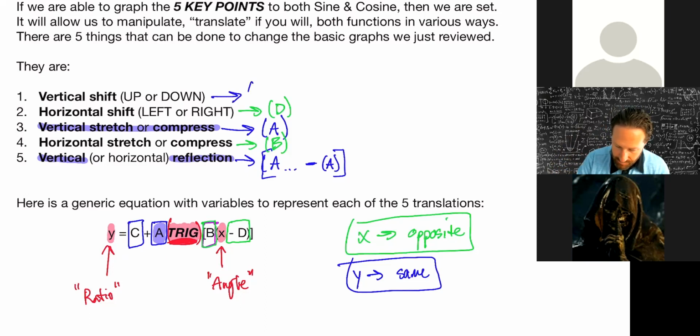So that will be the letter C for the vertical shift. As for the X stuff, horizontal, horizontal.